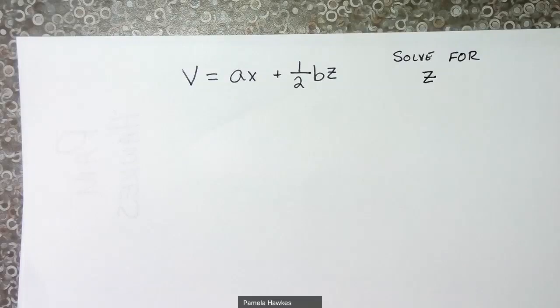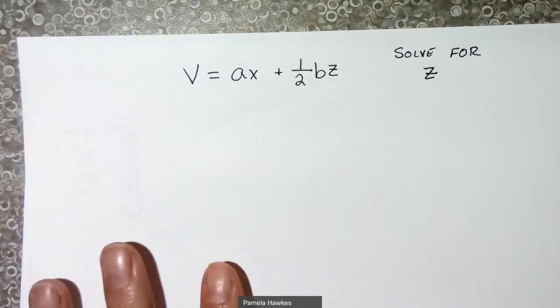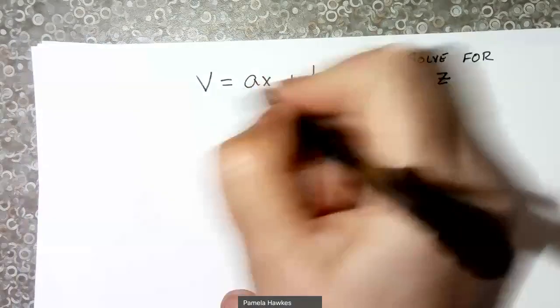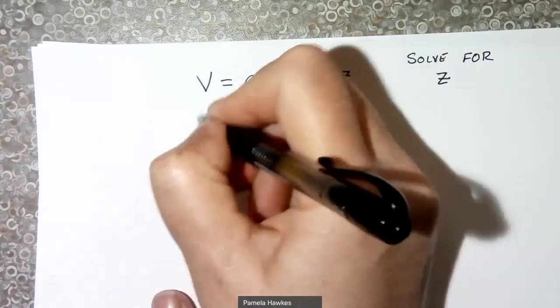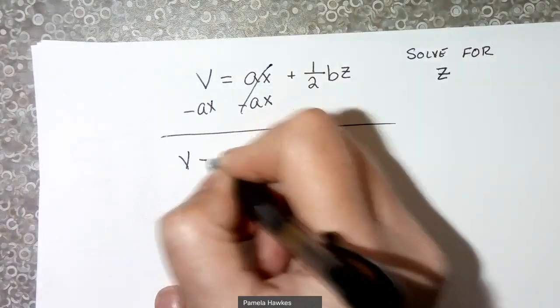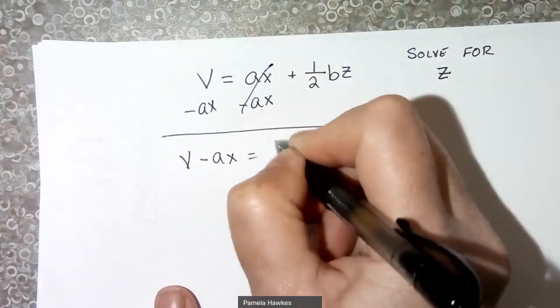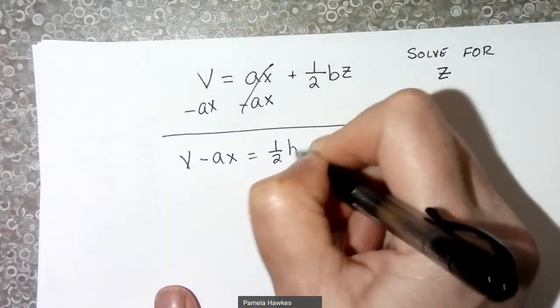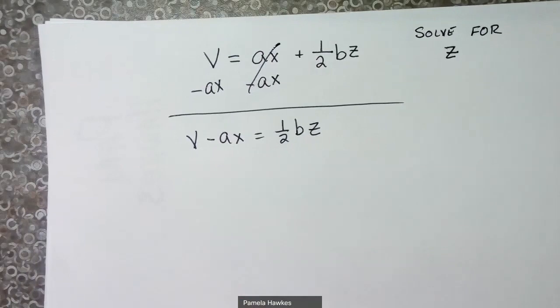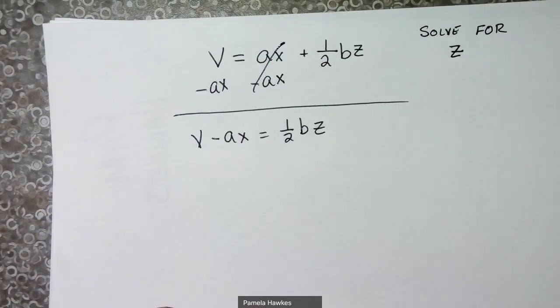Okay, so we need to get the d by itself, so we need a minus ax. Okay. Now you need to get the 1/2 b, right?